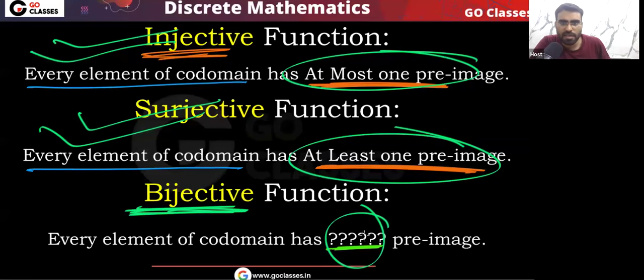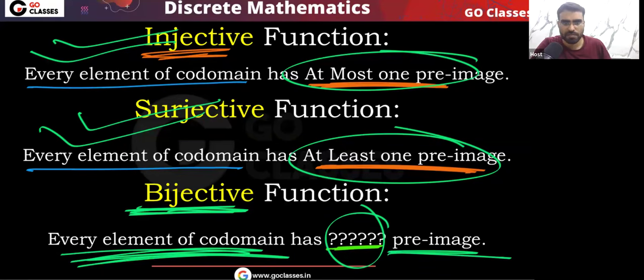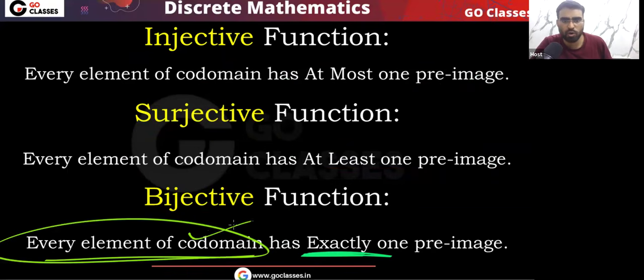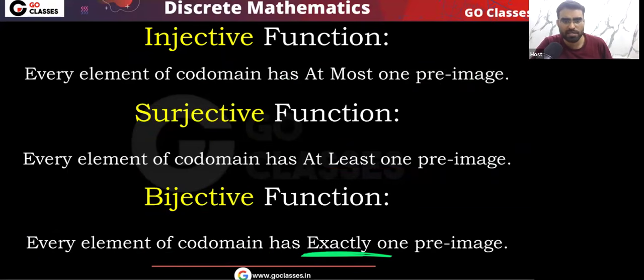Then it means every element of codomain has exactly one pre-image. Yes or no? So that will be exactly one pre-image. This is the definition of bijective function.